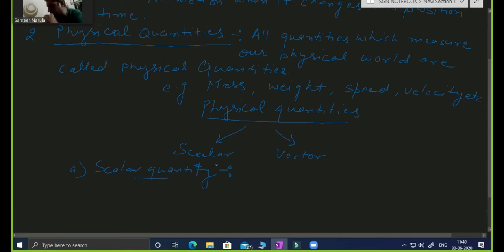A scalar quantity is such a quantity which can be completely described by magnitude only.